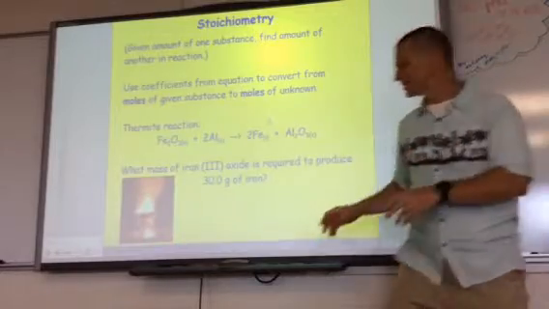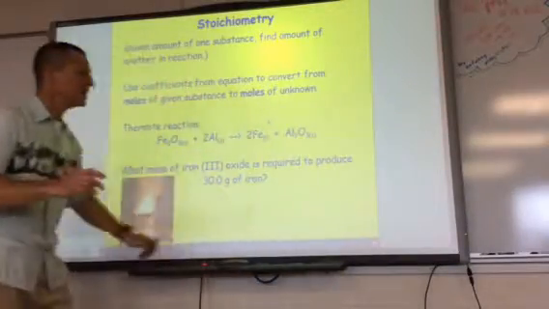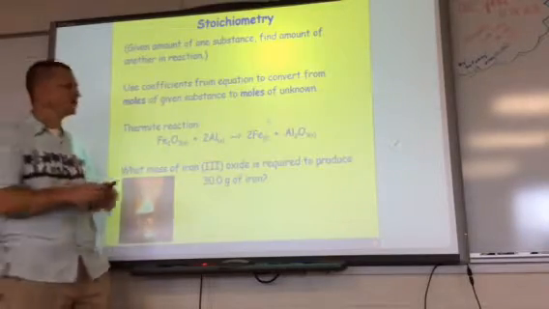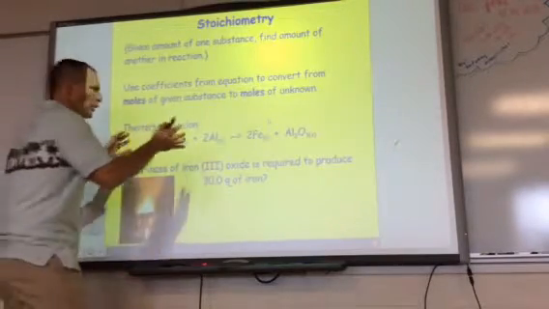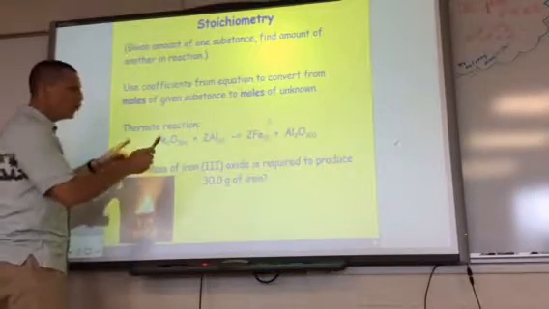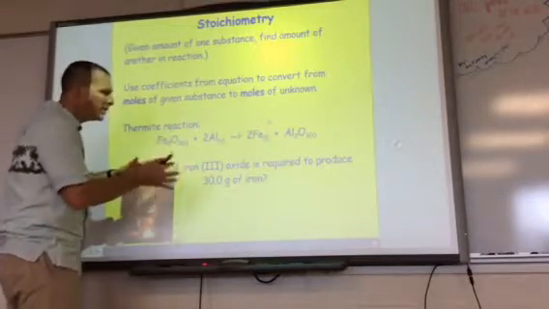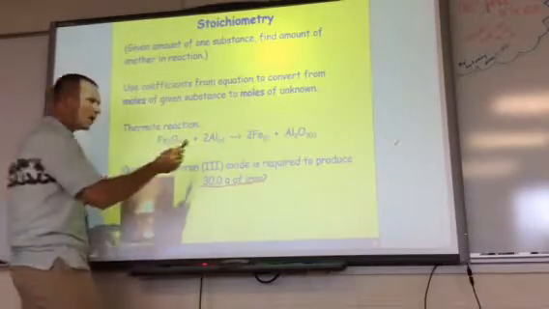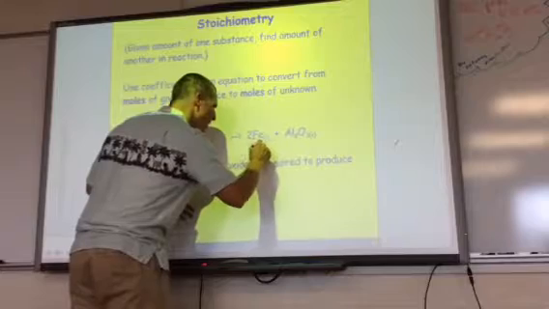Before you start, what I would like to suggest, and this is not just for this problem but for all stoichiometry problems that you do, is that when you're given the equation and the problem, find what your given quantity is. We're given 30 grams of iron. That's a product, but we know that amount.